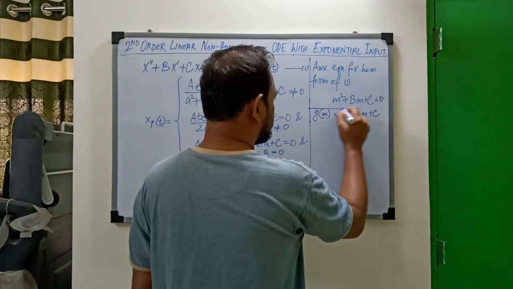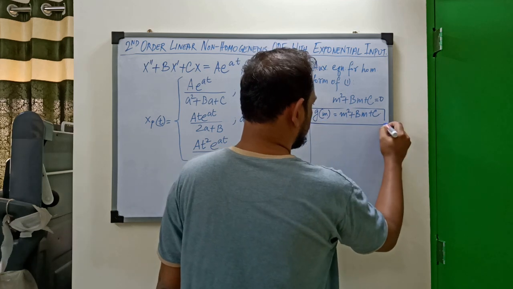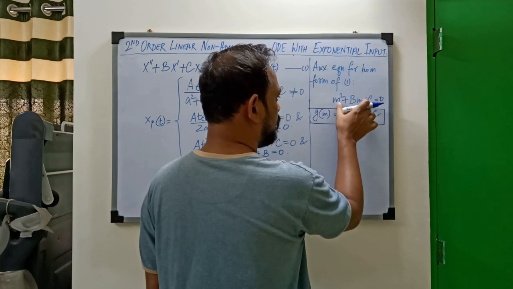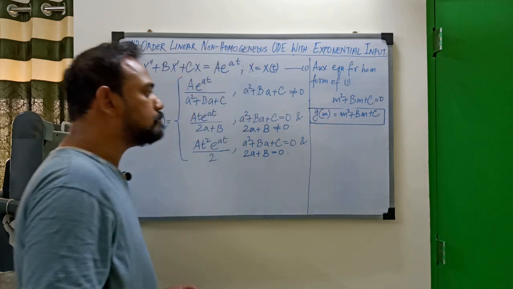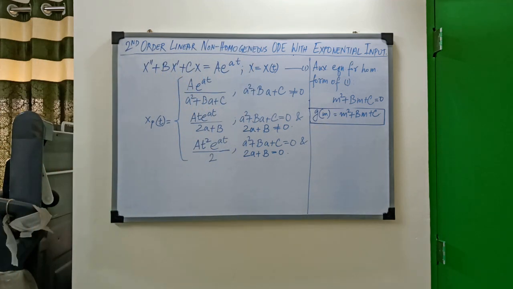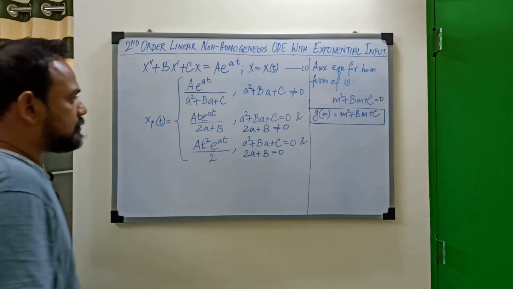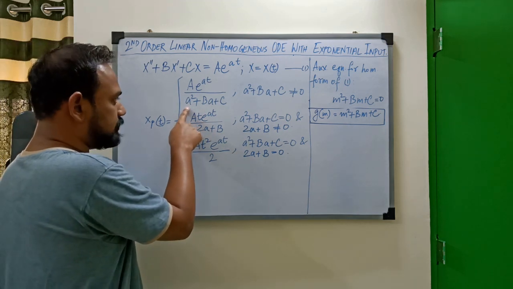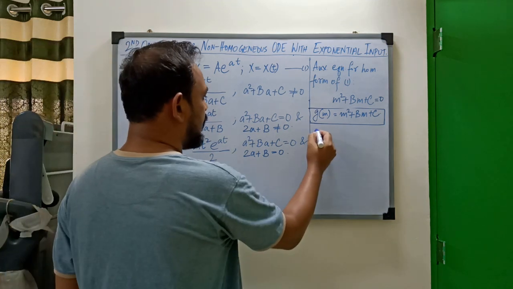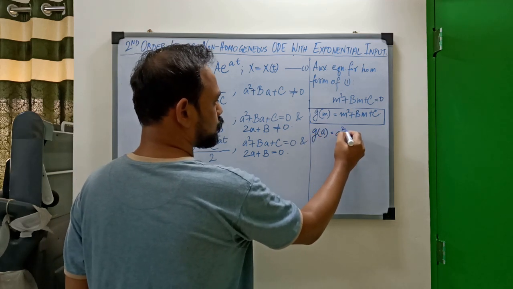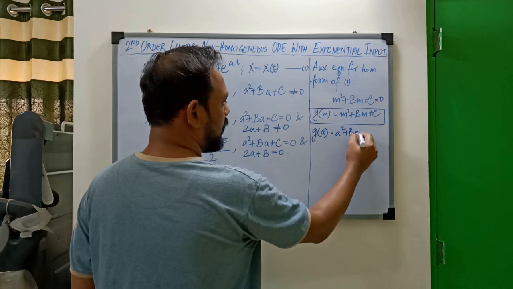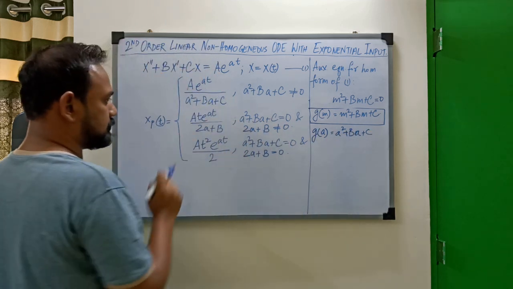Once I give this polynomial of degree 2 that name g of m, we can see that this denominator here is just g of a, because if you put a instead of m, you get a squared plus ba plus c, and that's the denominator.